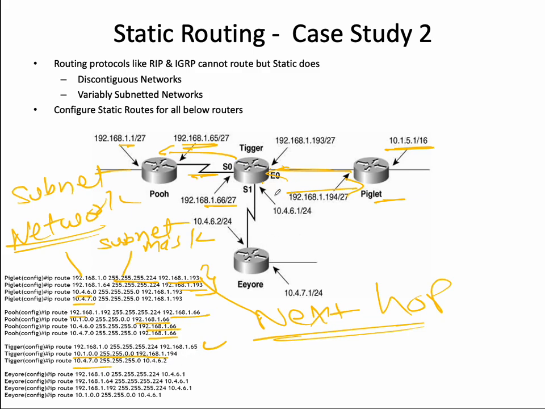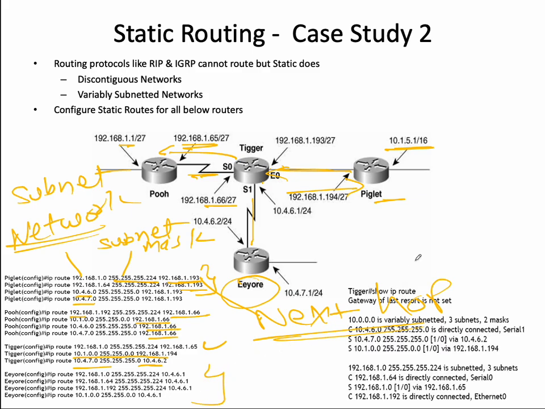For 10.4.7.0, it's forwarding this way. This is the next hop. And similarly with this router, this is the routing table. And now if you do show IP route at this router, this is what you will see.